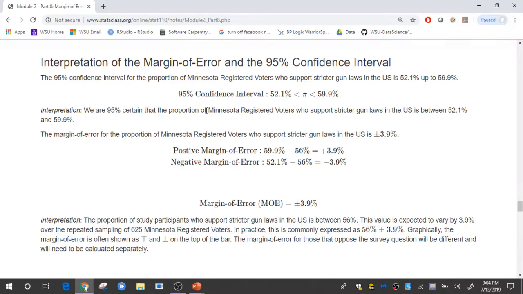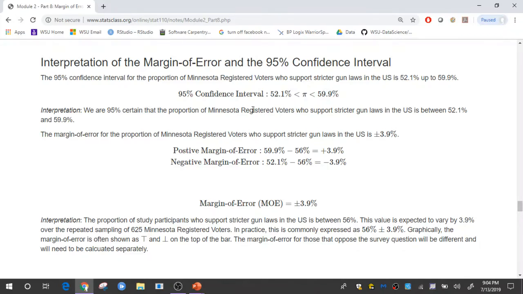And this statement, again, is for all Minnesota registered voters, not just the 625 that were collected in our survey. If I wanted to know the proportion of Minnesota registered voters in our survey who supported stricter gun laws, I already have that answer. That's the 56% value.